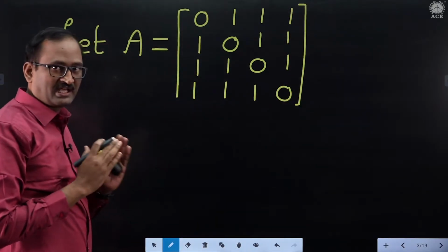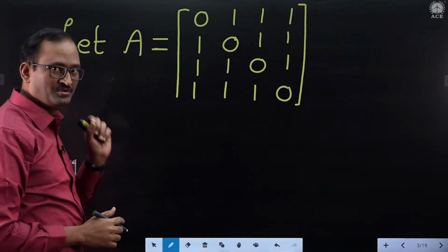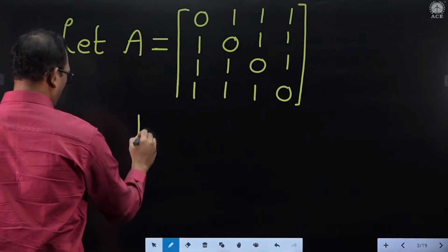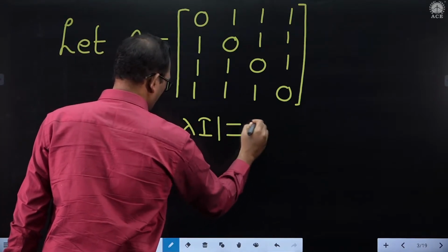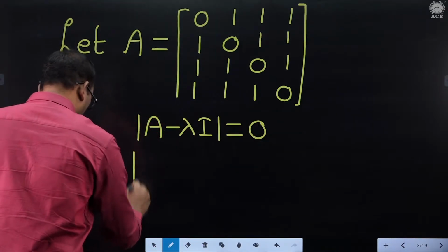Now to get the characteristic equation, simply find the determinant of A minus lambda I is equal to 0. This is the characteristic equation.